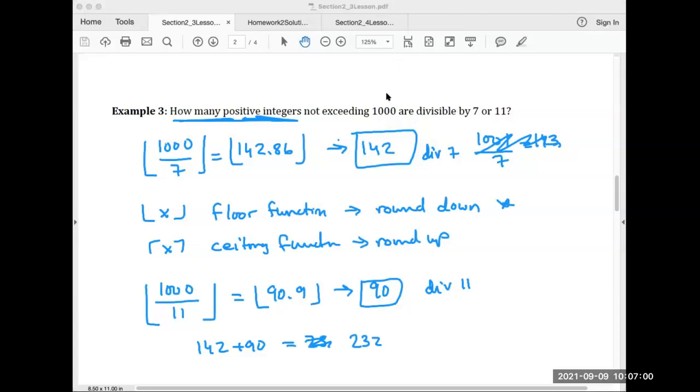So we need to figure out all those numbers divisible by 77. 1,000 divided by 77 is 12.98, so this rounds down to 12. You have to subtract the overlap because you don't want to count those twice. So there's 220 of them.